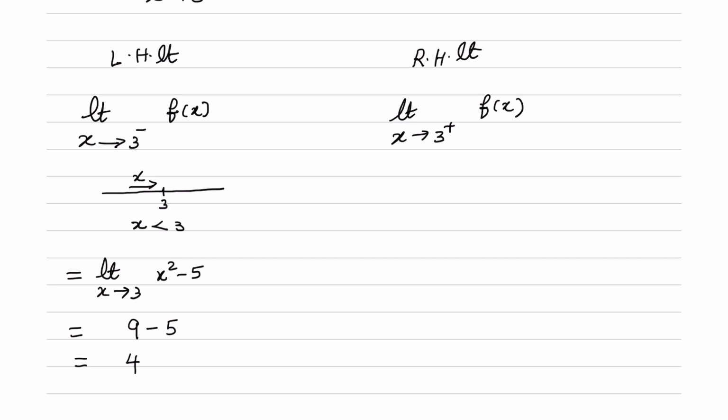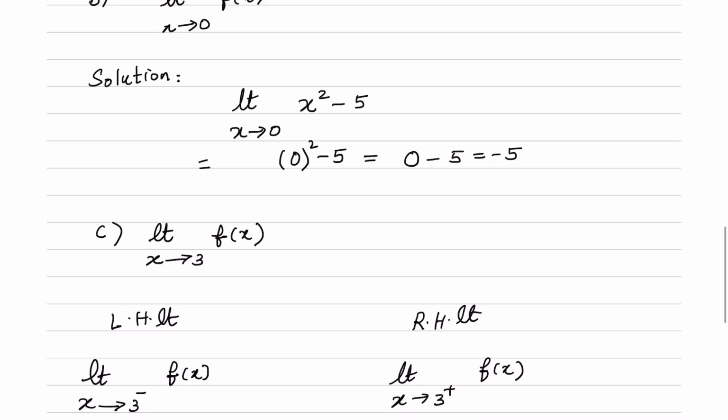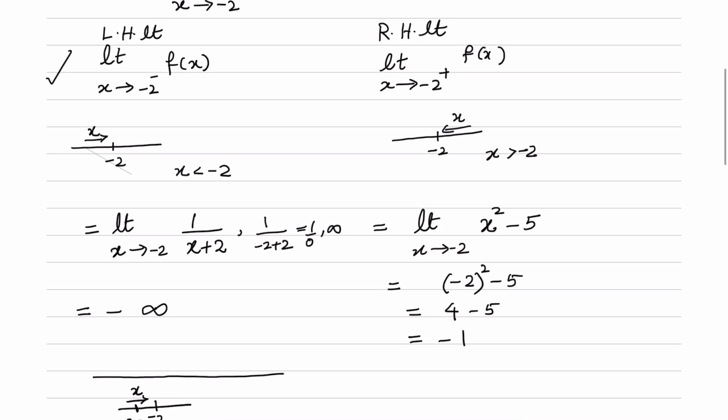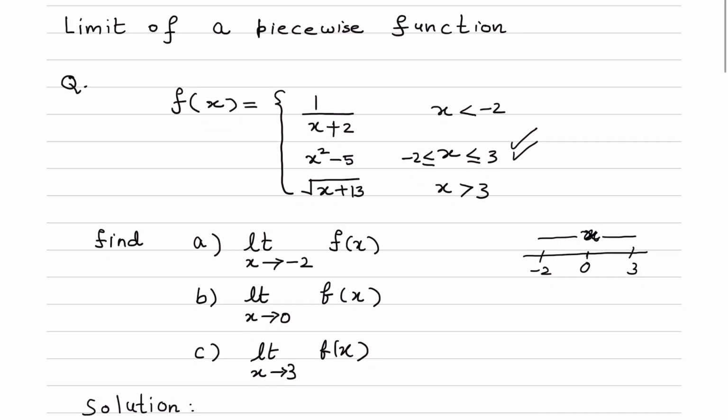Now for the right hand limit, x is approaching 3 from the right of 3. So it means x is on the right of 3, meaning that x is greater than 3. So what is the function f of x for x greater than 3? When we look at the function f of x, we can see that for x greater than 3, the function is square root x plus 13.